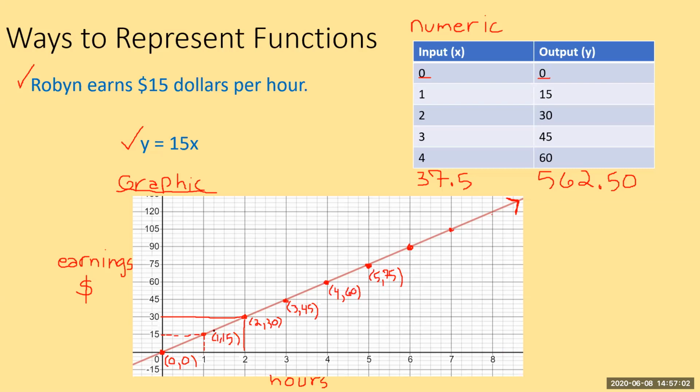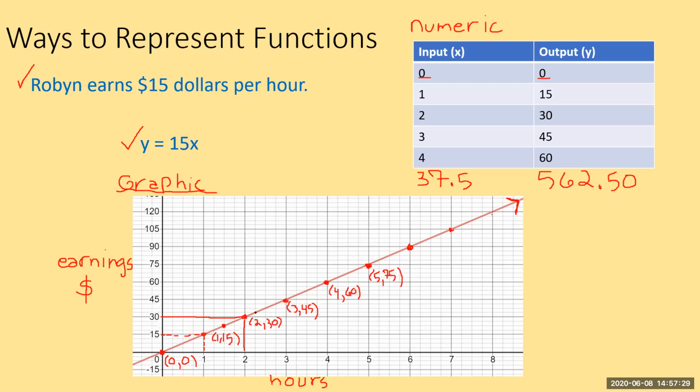So let's say Robin worked 1.5 hours. Well, that would correspond to an amount of money between $15 and $30. Let me just make sure I'm doing this math right here. 15 times 1.5 would be $22.50 in earnings.